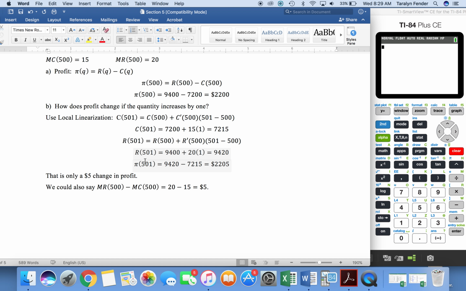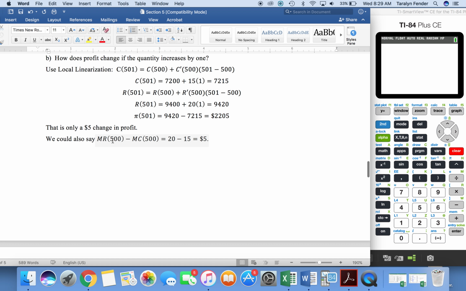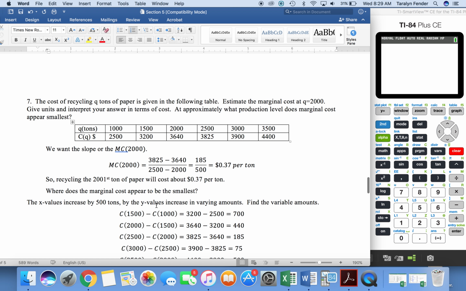And the revenue, you do exactly the same thing, is $9,420, and the profit is $2,205. So what is the change in profit? 2,200 from 2,205 gives us $5. Now you could just do the marginal revenue, which is 20, minus the marginal cost, which is 15, to get the $5 as well.